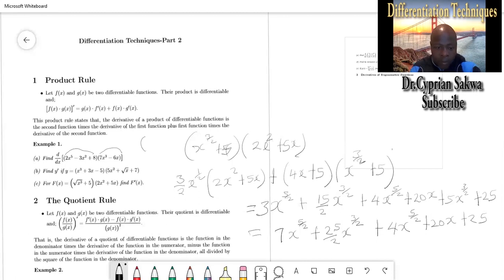Let's just ensure that we have used all of them. We've added this. We've added this and this. And you got 7x raised to 5 over 2. Then this one with this. And we got 25 over 2, x raised to 3 over 2.